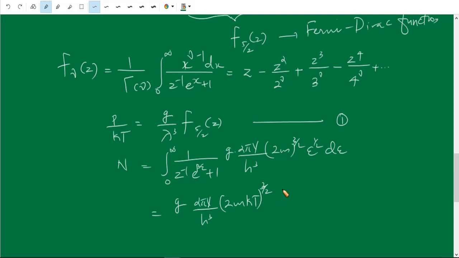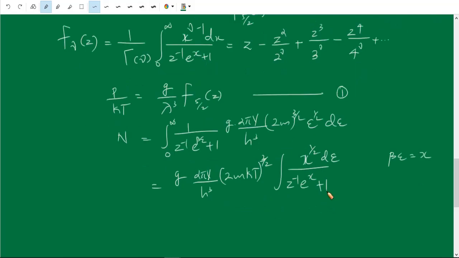So this is equal to g, integral of 1 by z raised to minus 1 e raised to x plus 1, x raised to half dx. Here I have replaced beta E with x, so accordingly the dE also will change, and this thing is dx.